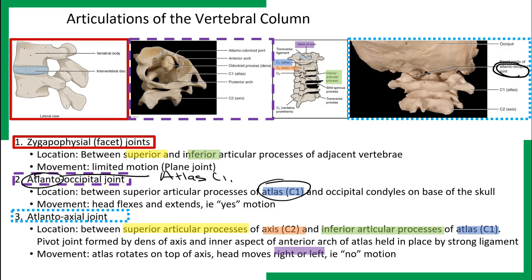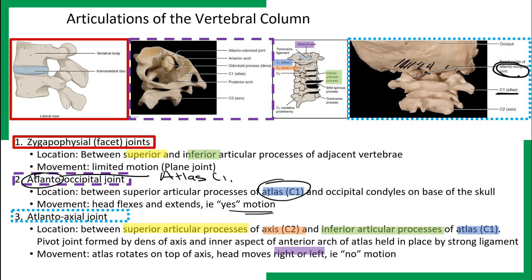So you've got your first cervical vertebra, C1, having a connection, a joint and articulation, with the occipital bone of your skull over here. So that's called the atlanto-occipital joint. And the muscles that connect the C1 to the occipital bone allow your head to nod in a yes motion, right?